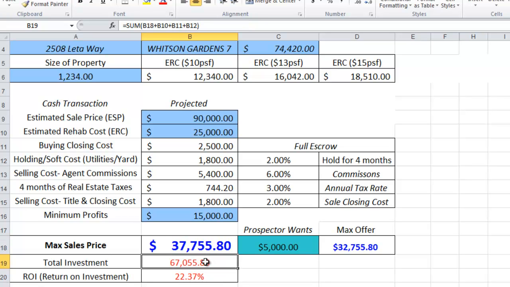The profit is divided by the total investment to give you an ROI, a percent return over 4 months. And that's really how simple the SOS is.